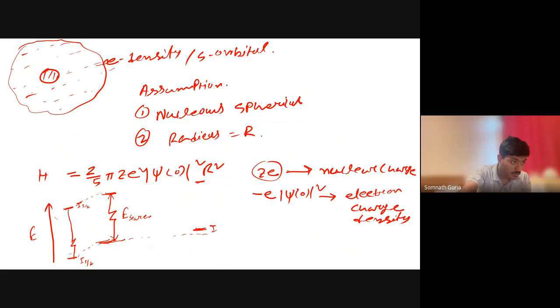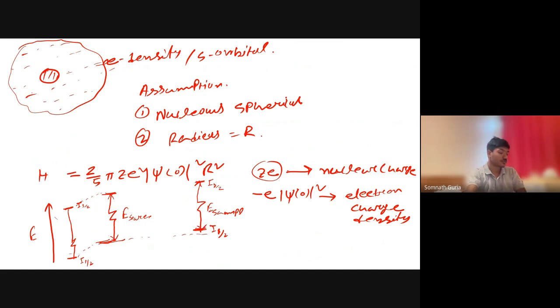This is also I equals 3 by 2. So this is the E of sample.